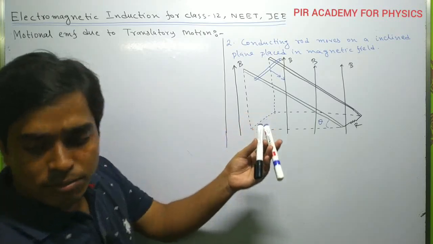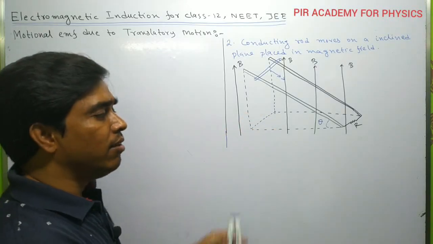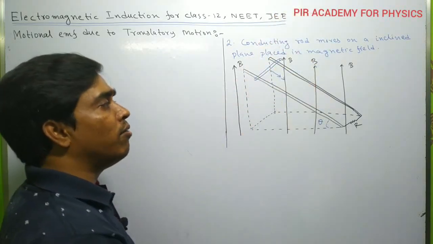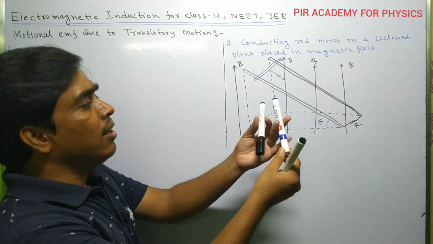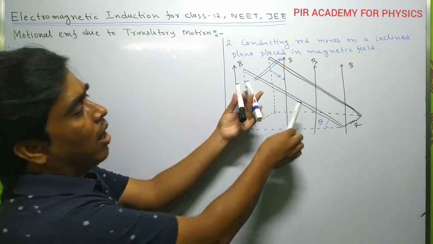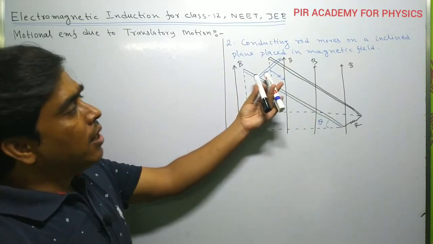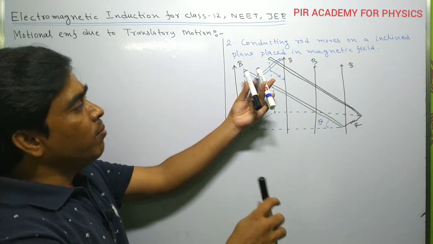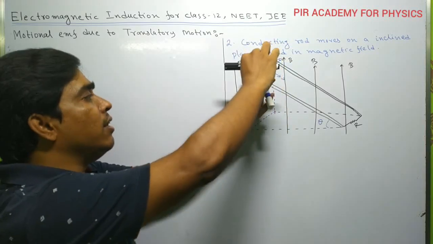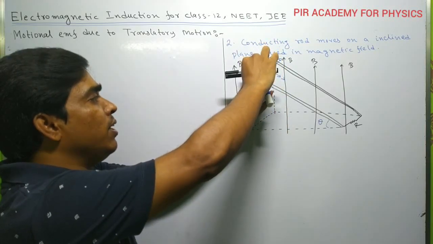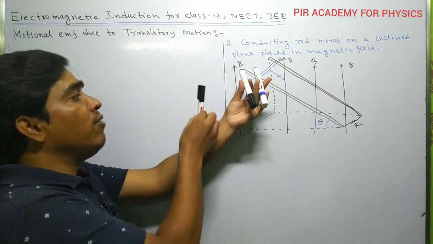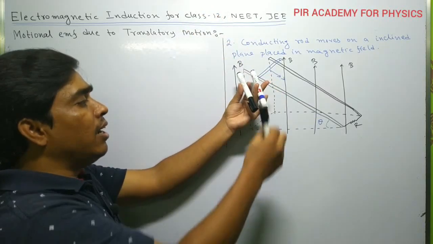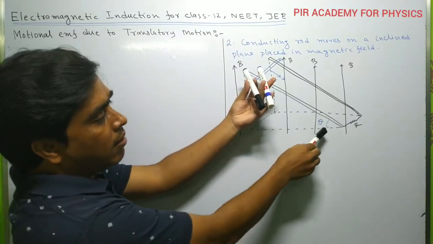That means this direction gives the direction of the magnetic field, and this is the inclined plane, and this is a conductor. This conductor is moving in this way. So this is the direction of the magnetic field, and this is the inclined plane, inclined with angle theta.